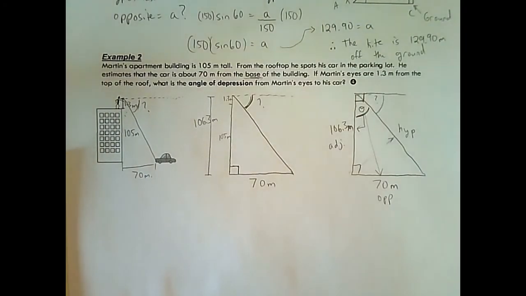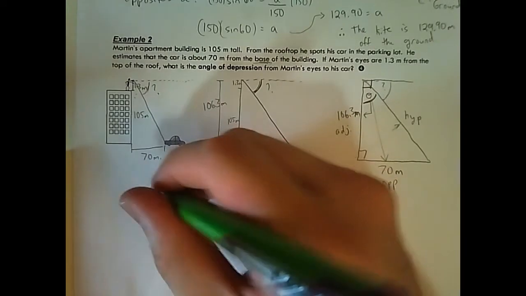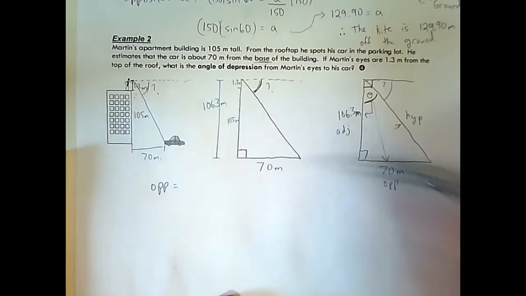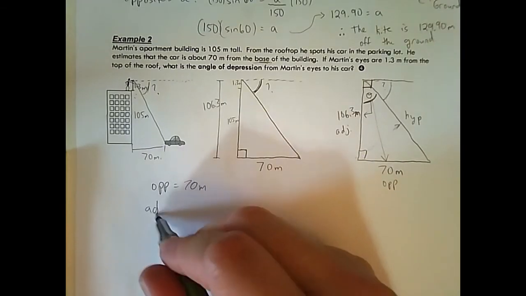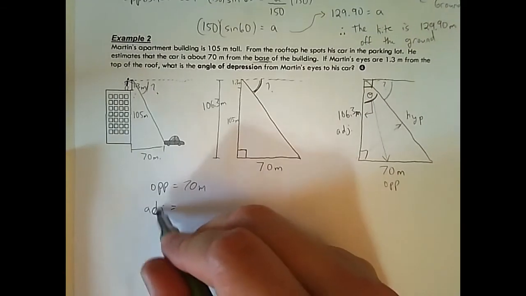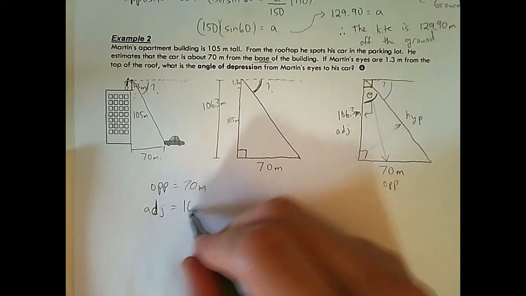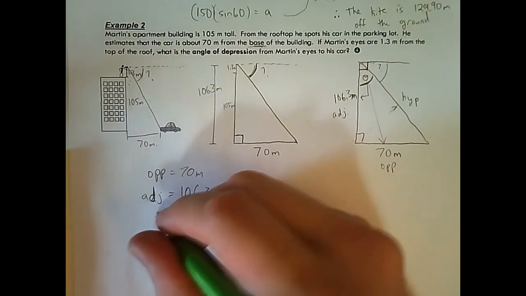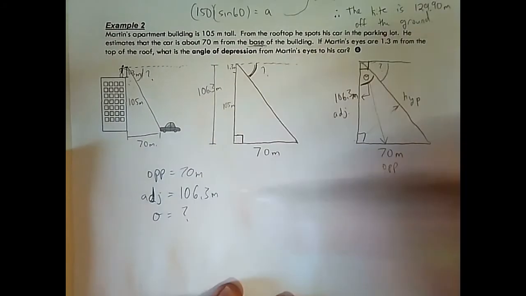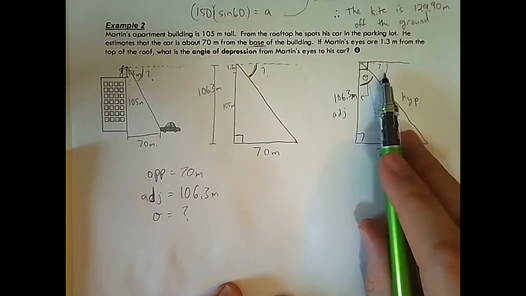So what values do I have? Well, I know my opposite is equal to 70 meters. I know my adjacent is equal to 106.3 meters. And I don't know what theta is. So I want to figure out this angle, which will help me figure out that angle.